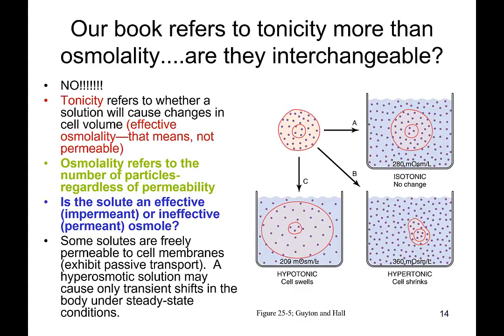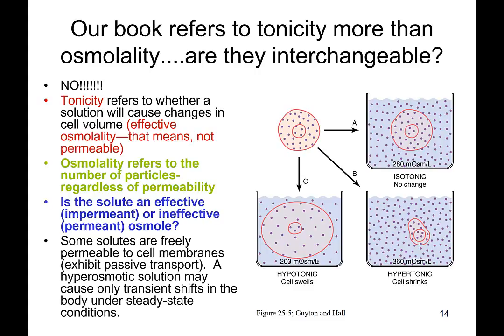Shown here in letter B, to go back to a hypertonic example, you can see the solutes in the surrounding solution are more concentrated than inside the cell. If I say hypertonic, that means they are impermeable, and that means the cell will shrivel or crenate and lose water to the surrounding environment.